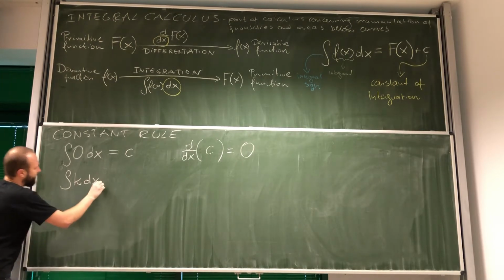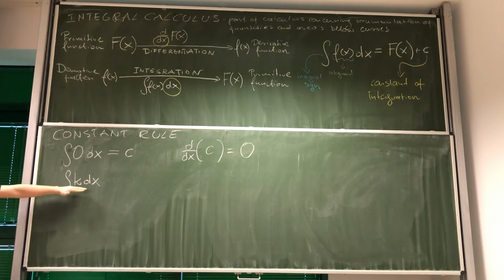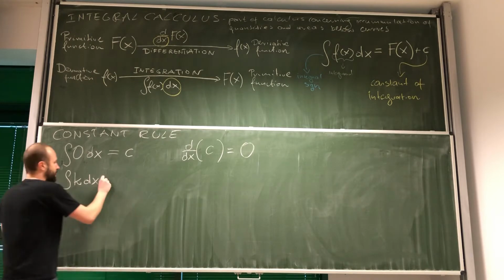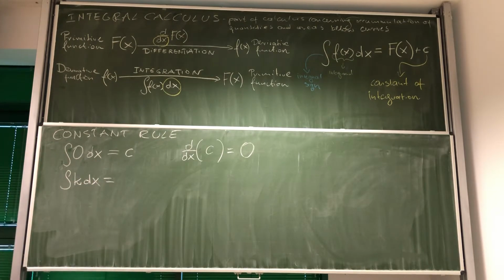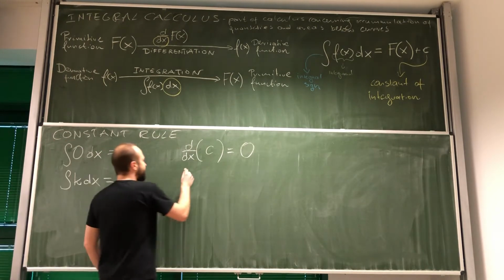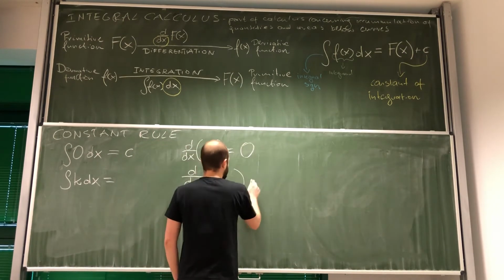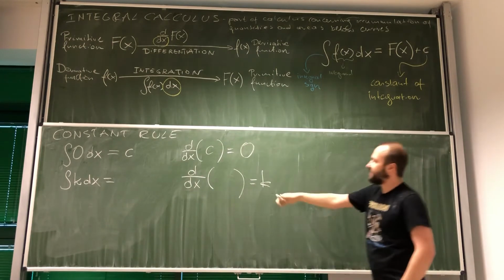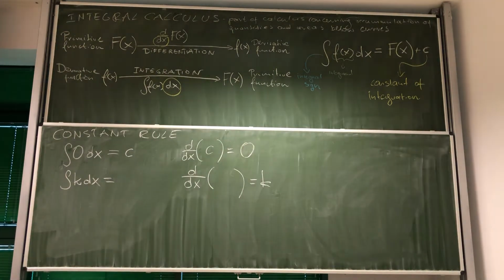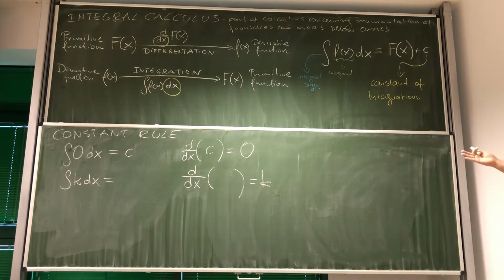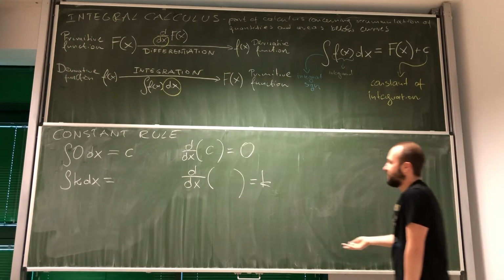So, look, now we are integrating k. So, how much should we get? Again, the thing is, what is the expression that will give us derivative k? And again, this is very easy, because if we get a constant derivative, it means we are dealing with a linear function, right?